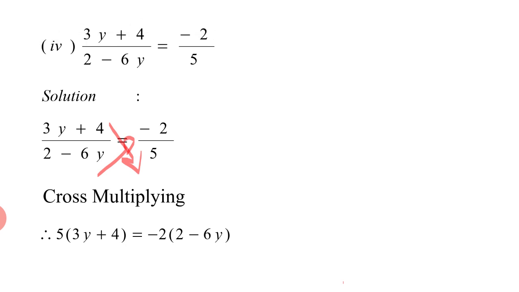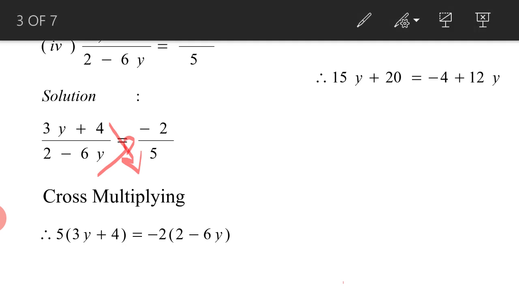Now it is a linear equation and you can solve it by using the distributive property which we have done in the previous exercise. So now this will be 15y plus 20 is equal to, now when we are multiplying by negative numbers, you have to take great care so that there is no mistake in sign. So minus 2 into 2 will be minus 4, and minus 2 into minus 6y will be plus 12y. Is it okay? Carefully.